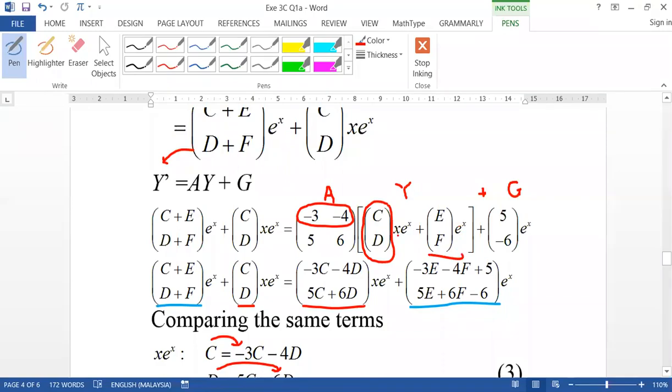This is the product of x and exponent x. The red color here is similar to just now. And this part, the second vector here, exponent x, we have negative 3, negative 4, multiplied with ef. This one is similar to just now, so I erase it.